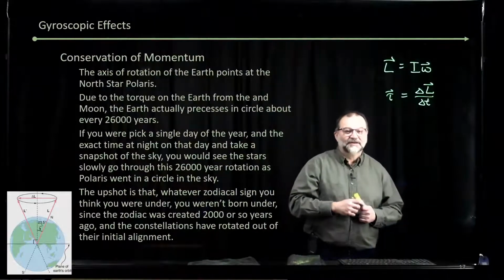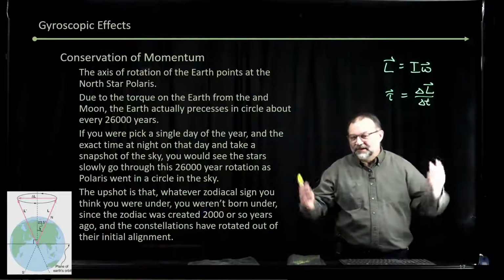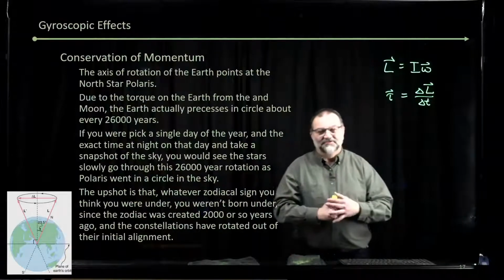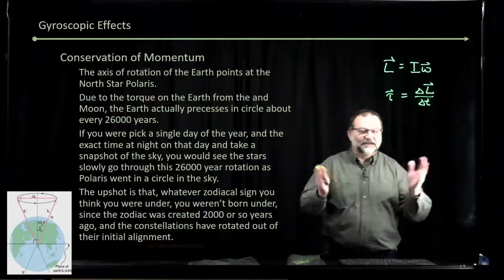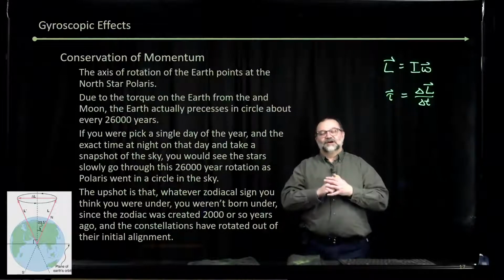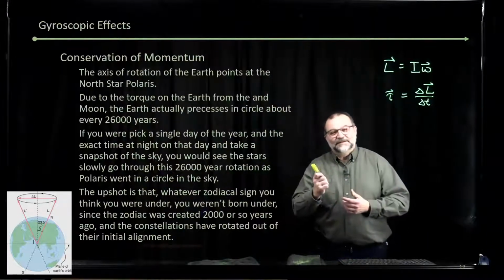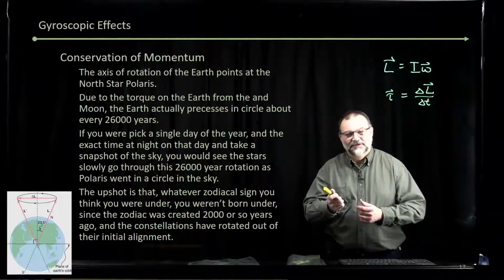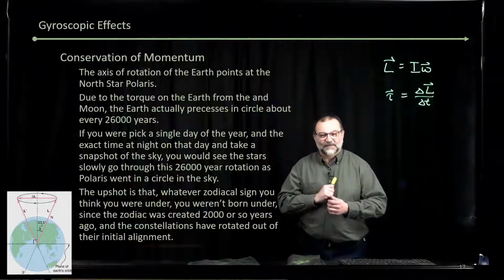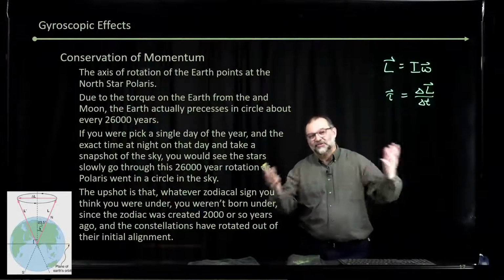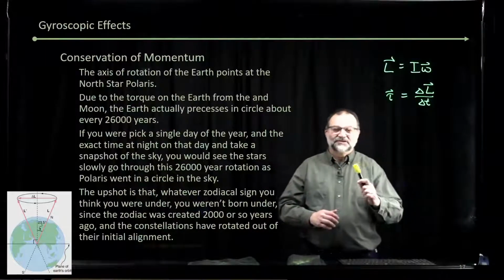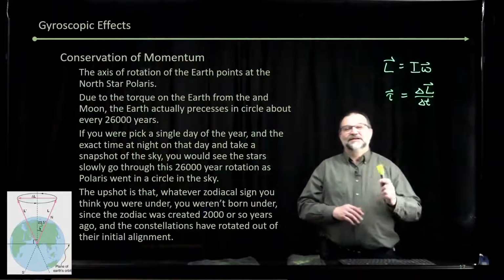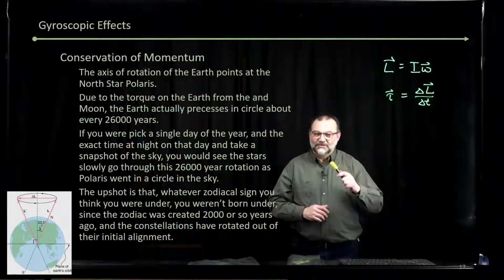The other impact of this is if you're big into astrology, which is just a fun way of playing around with your birth date in the sky, the constellations are no longer where they were when the Greeks created their stories around the stars, because the precession of the Earth changes over 26,000 years. The precession of the Earth slowly changes.